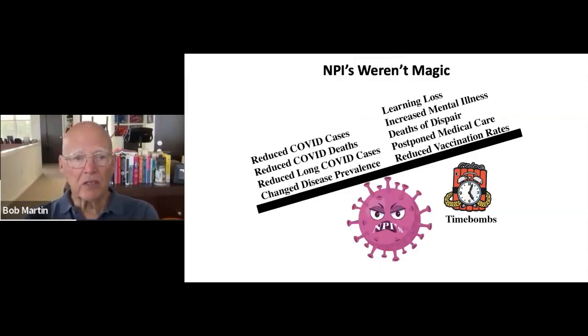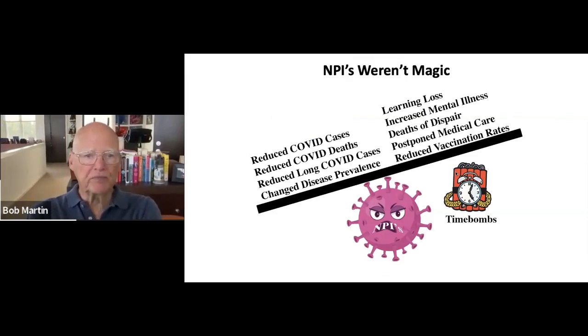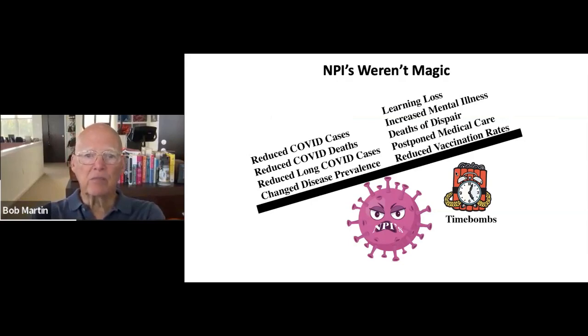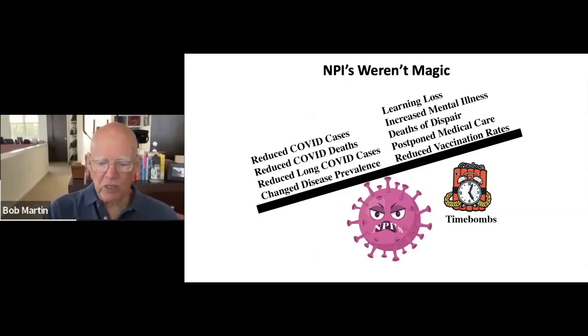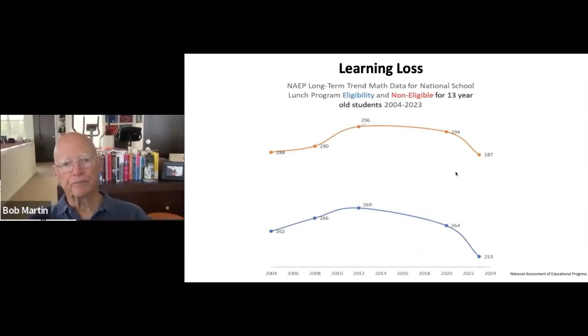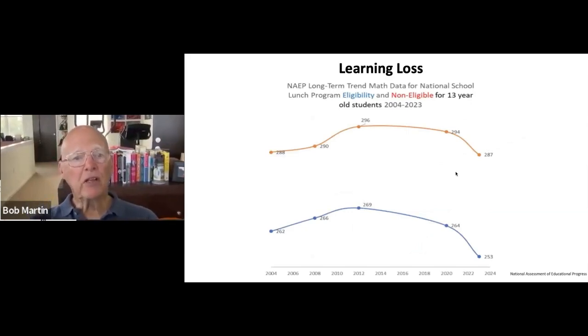They weren't magic. They reduced cases and long COVID cases. However, there were learning loss, mental illness, more deaths of despair, postponed medical care, reduced vaccination rates, with the runs on the right being real-time bombs. Look at learning loss.